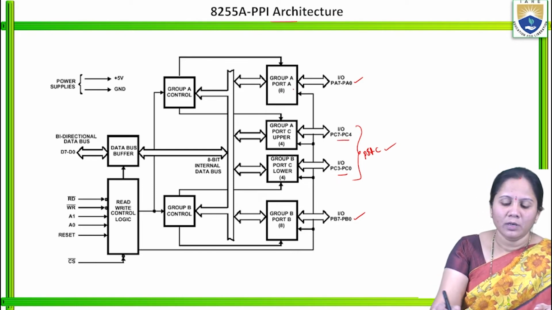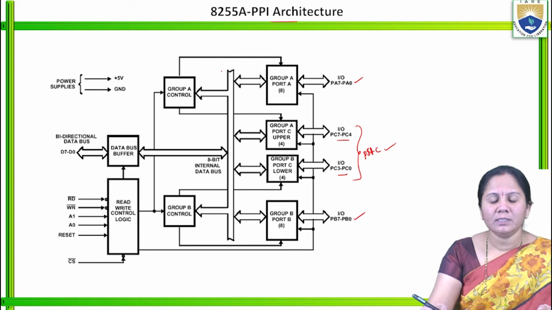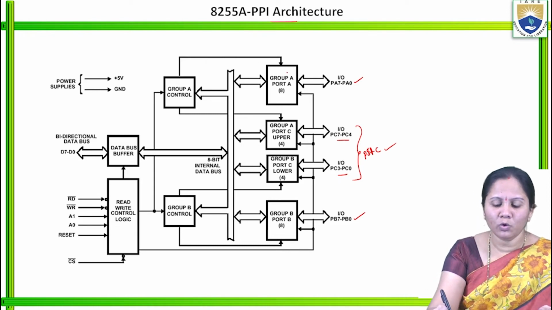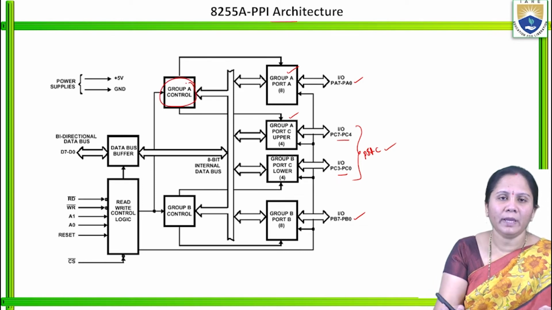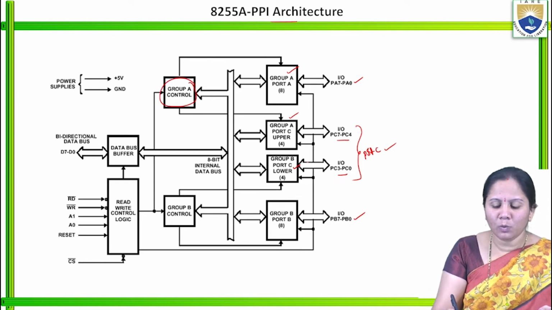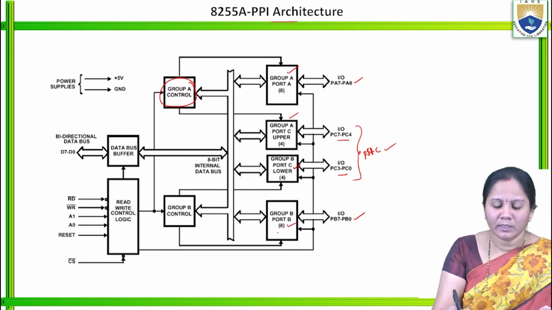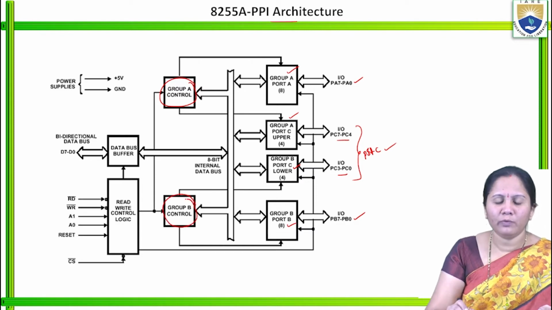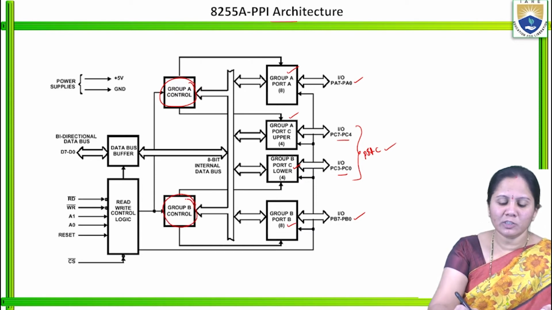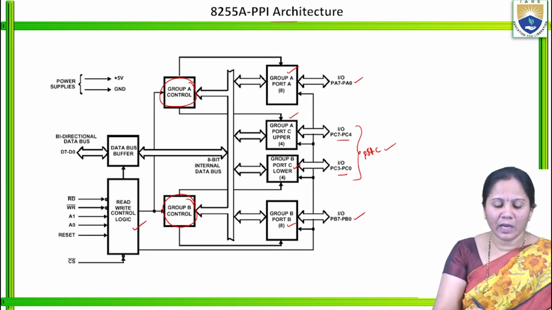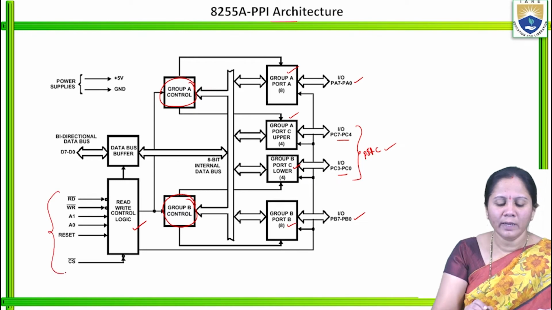Now, all these IO ports are classified into 2 groups. Port A and port C upper will be under the control of group A, and port C lower and port B will be under the control of group B. This group A and group B will be controlled by the read-write control logic, with the help of all the control signals that are connected.